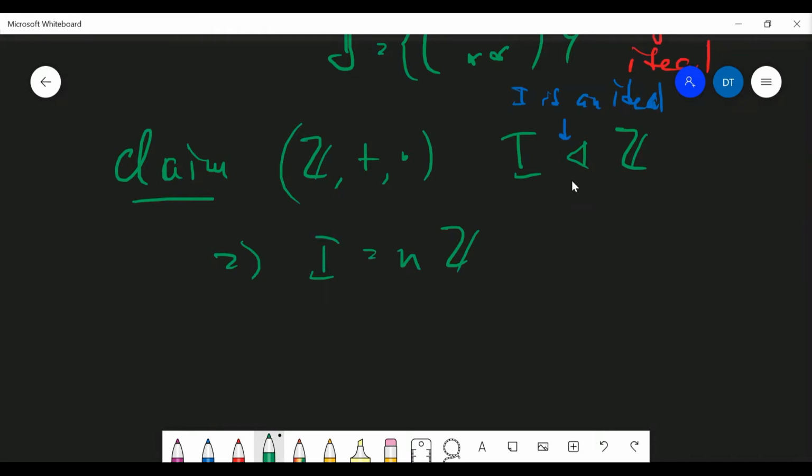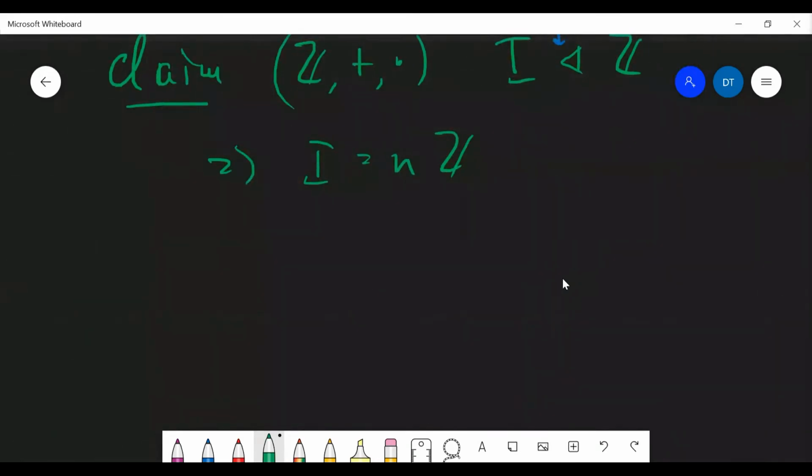It's clear that this subgroup satisfies the first property, and we need to show that every subgroup of this form is an ideal, and then we are done, because these are all possible subgroups. The only thing that we need to check is that nZ satisfies the second axiom. But what is the second axiom?